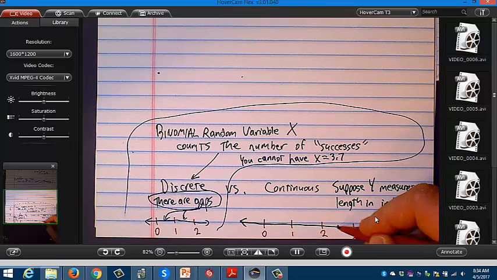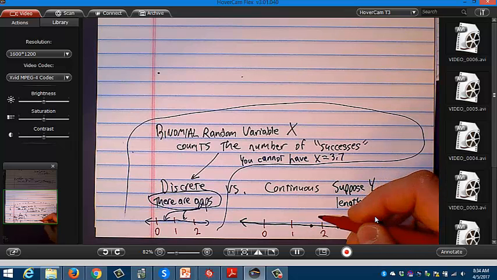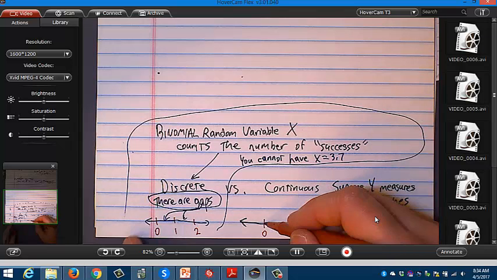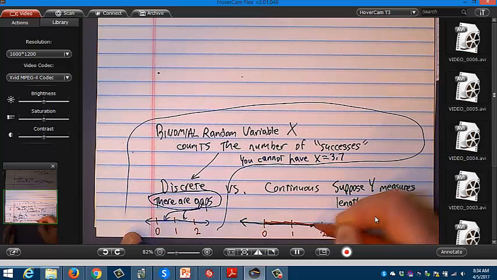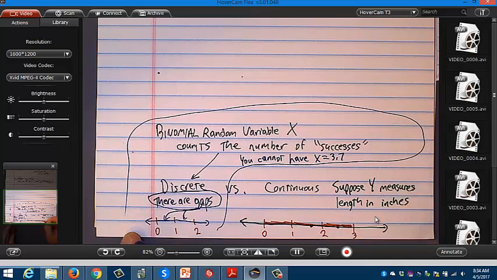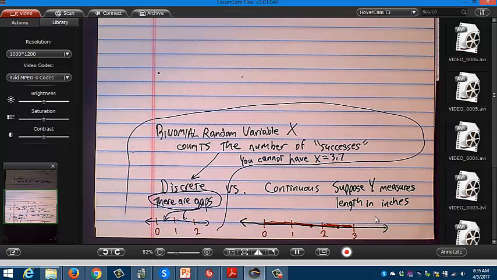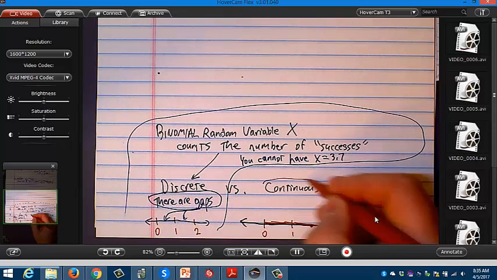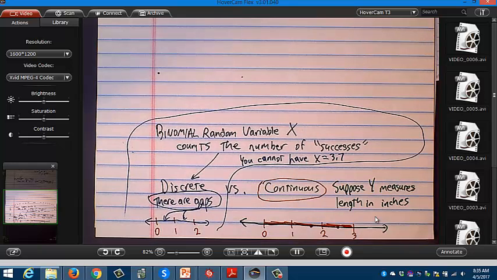Yeah. That makes sense. What about 1.7? Yeah. And actually, I claim that you can have a length of any number on the number line. Does that make sense? You could have a length that's the square root of 2, and that's 1.4 something. And this is an important idea. There are fundamental mathematical differences when we're talking about discrete and when we're talking about continuous. Okay? One more thing and then I'm going to get some questions.